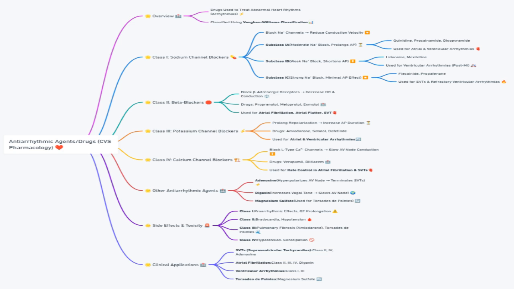Dofetilide has class 3 action potential prolongation action. This action is effected by a dose-dependent blockade of the rapid component of the delayed rectifier potassium current, that's the IKr, and the blockade of IKr increases in hypokalemia.